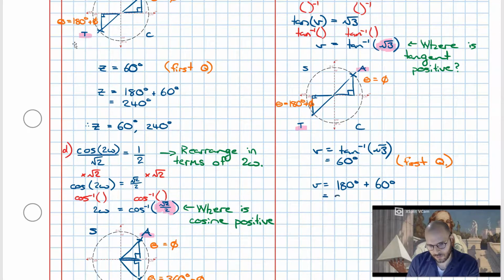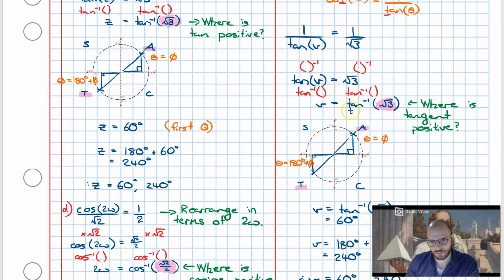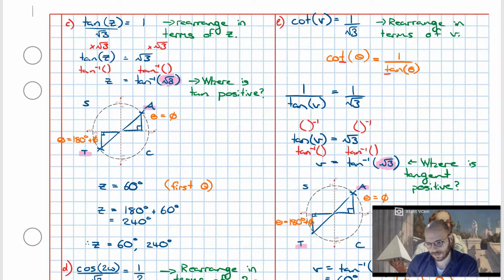Adding these together, we're going to get a value of 240 degrees like so. And this will be our third quad. Therefore, the solutions for v that satisfy the equation above are going to be 60 degrees and 240 degrees.